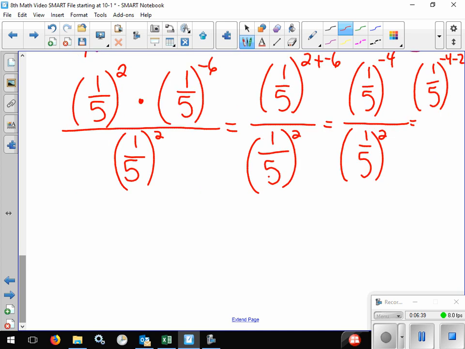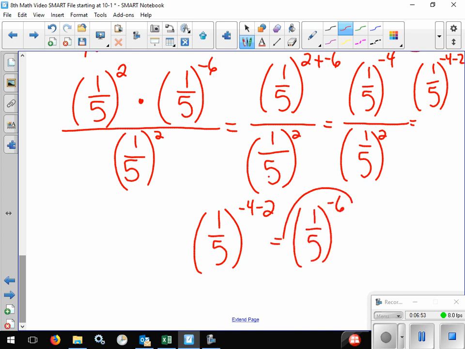Just make my window bigger. So I have 1/5, I'm going to repeat what I had there, negative 4 minus 2, because I'm just subtracting the exponents, and I get 1/5 to the negative 6.